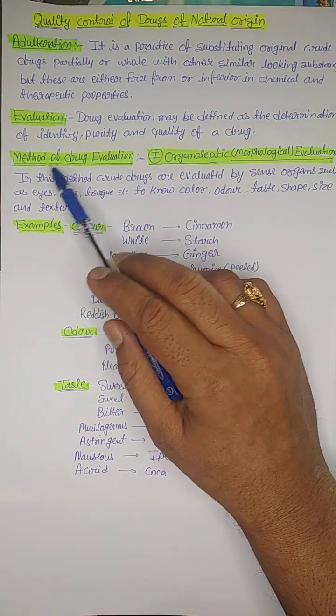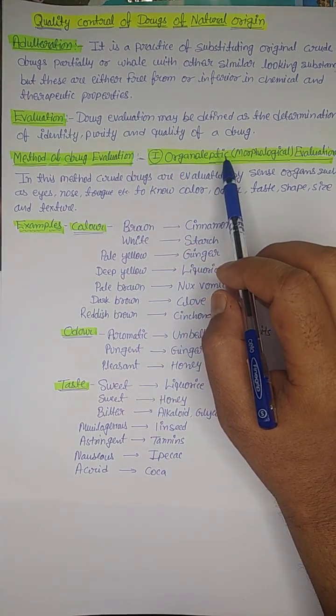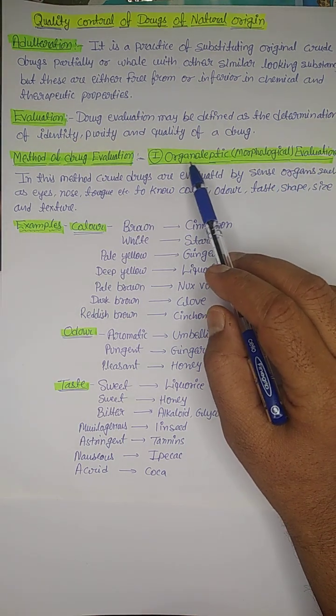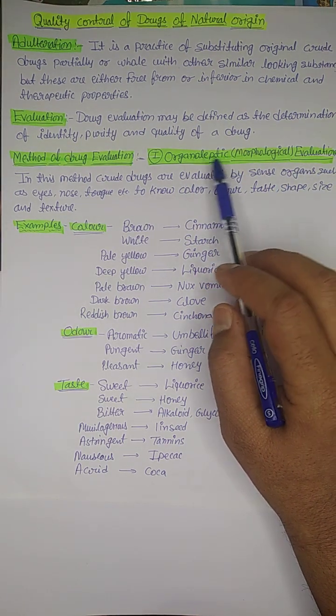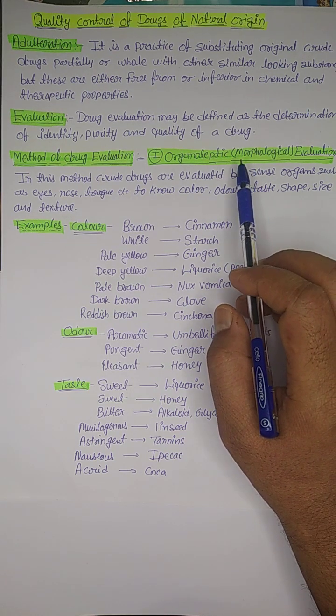When we talk about the methods of drug evaluation, the first thing that comes is the organoleptic or morphological evaluation. As the name indicates, organoleptic means by the sense organs we are going to ensure the quality, purity and identity of the particular crude drug.